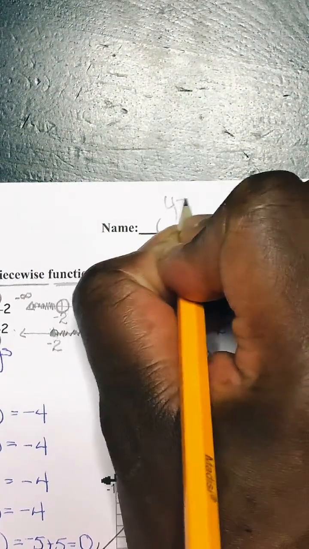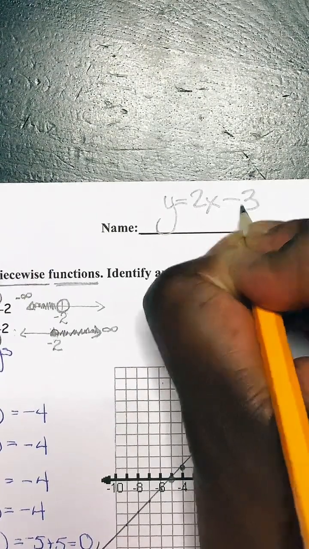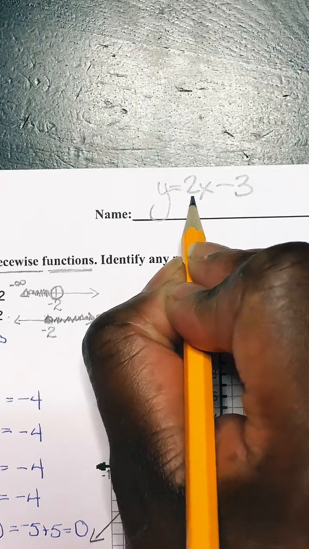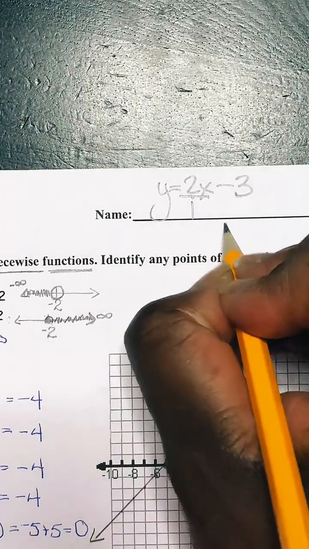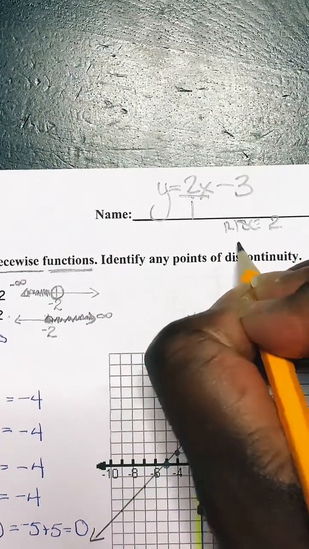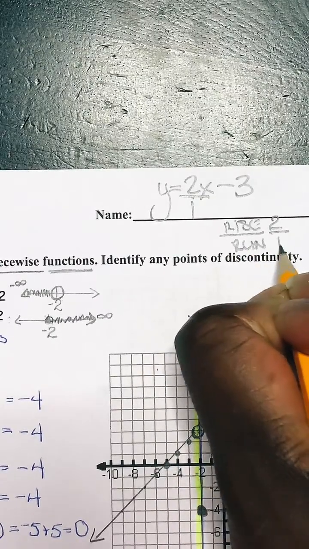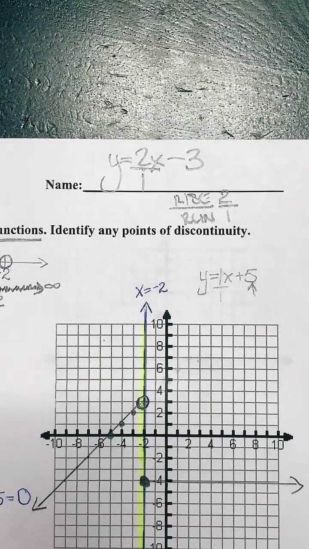So if I said y equals 2x minus 3, anytime your slope is a whole number, you put it over 1. So my rise will be 2, and my run will be 1. Okay, does that make sense?